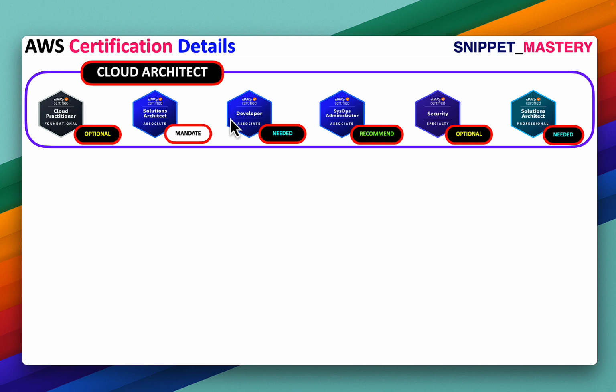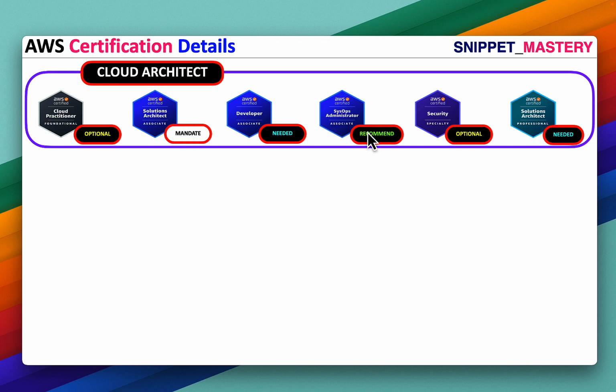And then developer associate and SysOps associate. Developer associate becomes needed but not mandate. SysOps administrator is recommended. Needed is something you can appear for as the next certification after the mandate one. Needed is also a must, but you can look out for that certification after taking up the mandate one.